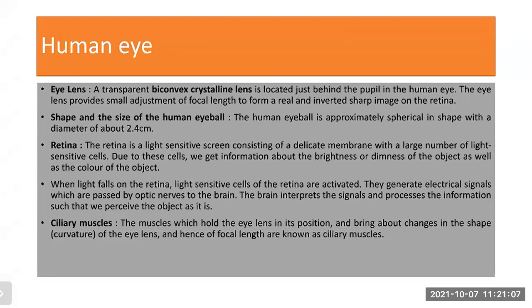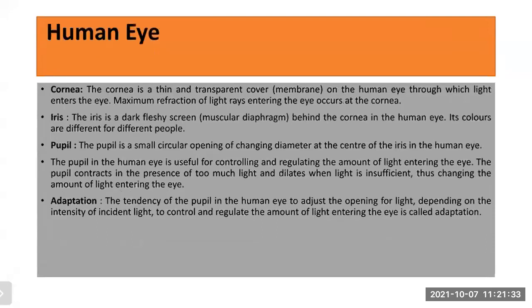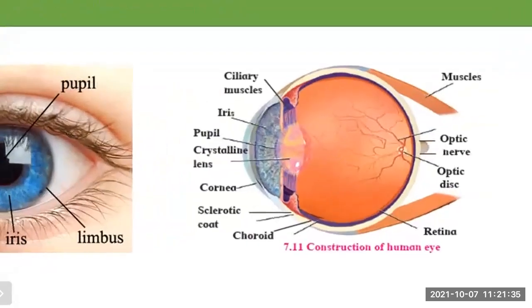Here, what happens? You know that this retina is made up of the light sensitive cells. So these cells get excited when the light falls on it. And after that, they generate the electrical signals. And these signals are conveyed to the brain. And who is carrying those signals? These signals are carried by the optic nerve.